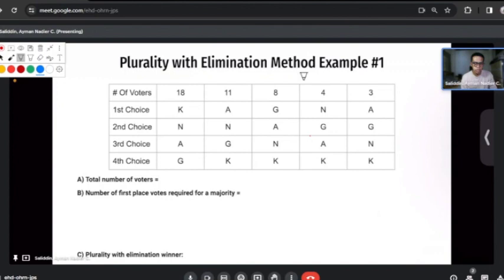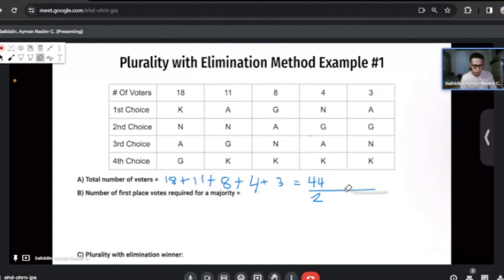But like we said, if we total this all up, the total number of voters is 18 plus 11 plus 8 plus 4 plus 3, which is 44. That's the total number of voters. Now, for us to get the majority, we said we're going to divide that by 2. Sorry about that. It's a bit long, isn't it?